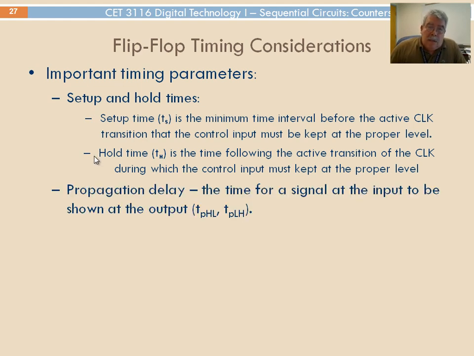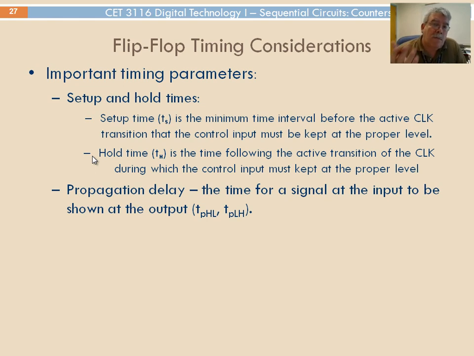We also discussed the propagation delay, which is the time difference between when you change the input in any device and when the output is updated. In the case of the flip-flop, we have two.